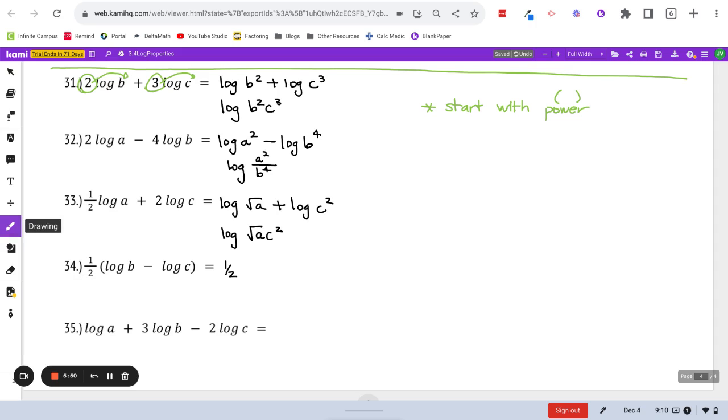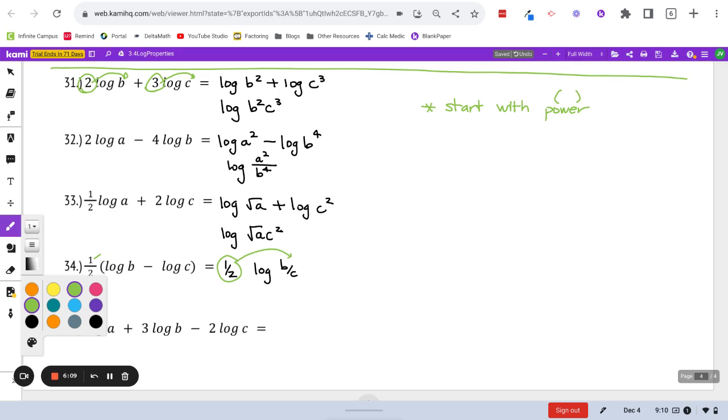Because obviously PEMDAS means we got to PEM, or parentheses, first. So I'm going to deal with my parentheses. And I think the nice thing about dealing with this parentheses is now we know that that half is applying to both, just like it would if we were going to do the distributive property. Same thing here. It just means that both B and C are having the square root done.